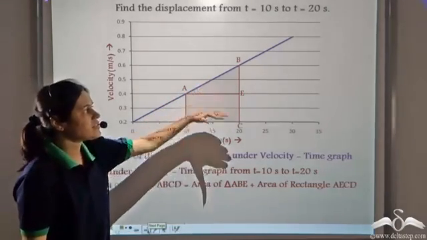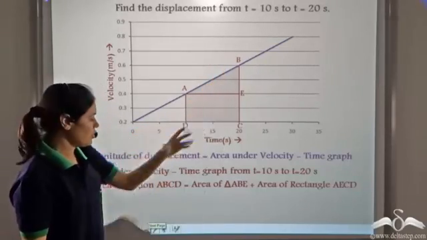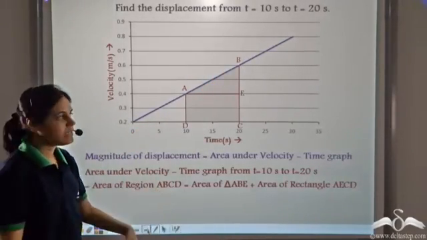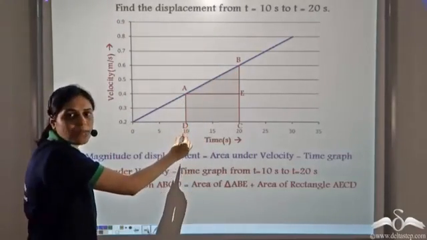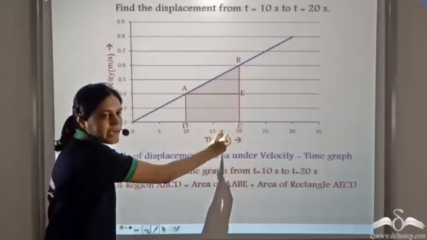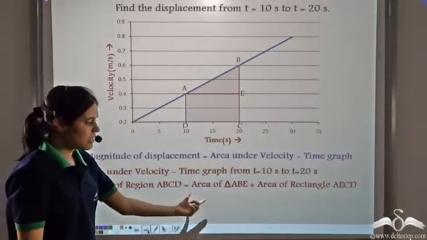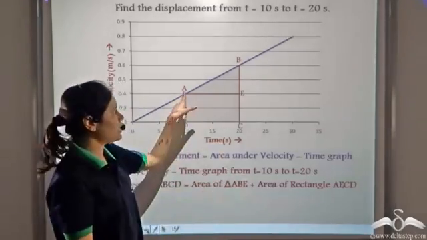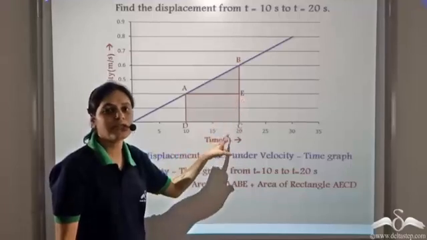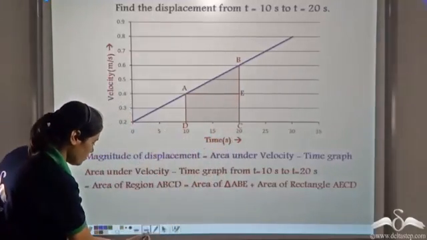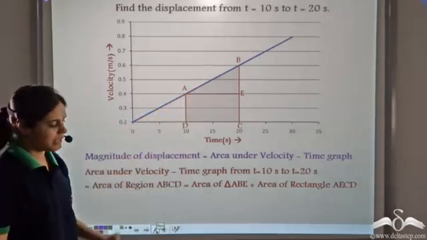Now we can divide this region into two parts, this triangle and this rectangle. So area of region ABCD is the sum of area of this triangle ABE and area of this rectangle AECD. That is what we have here. Area of region ABCD is equal to area of triangle ABE and area of rectangle AECD. What is the area of triangle ABE?